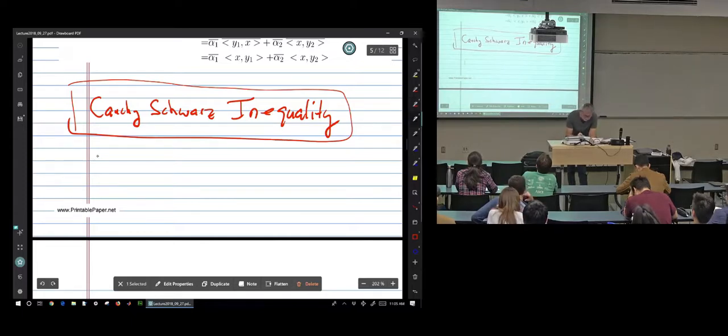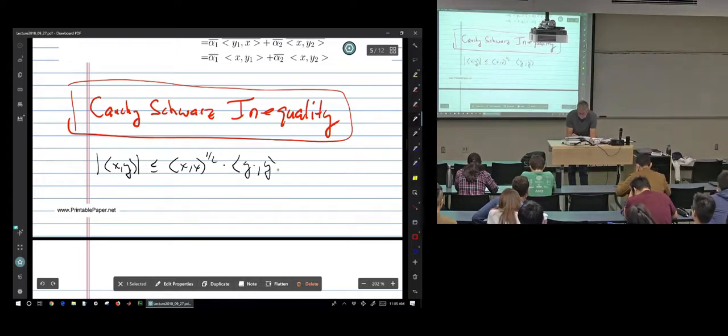And I'll fix that. But the magnitude of the inner product of x, y is less than or equal to the square root of the inner product of x with itself times the square root of the inner product of y with itself.